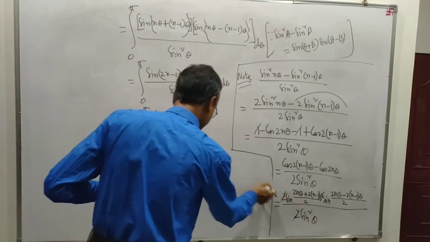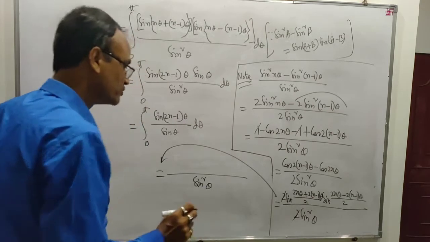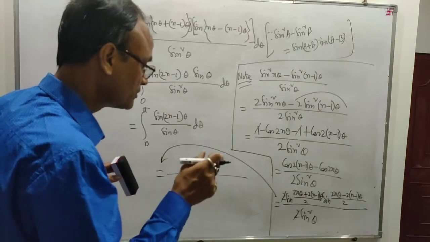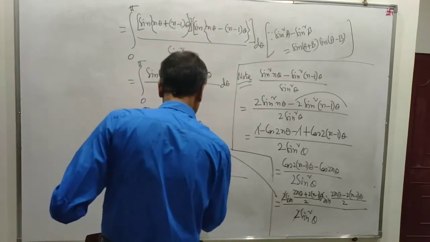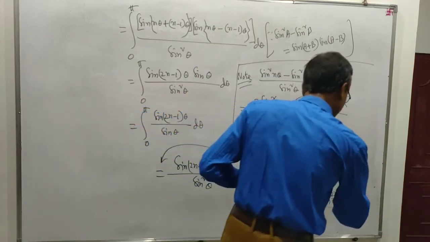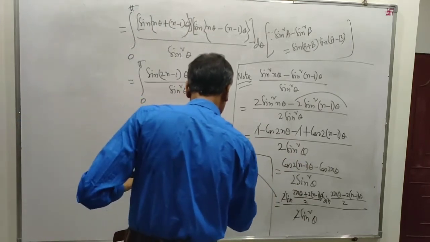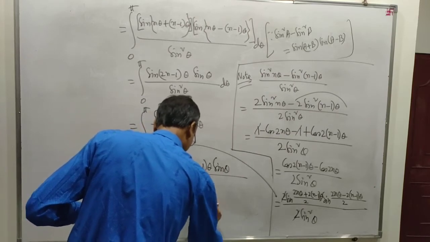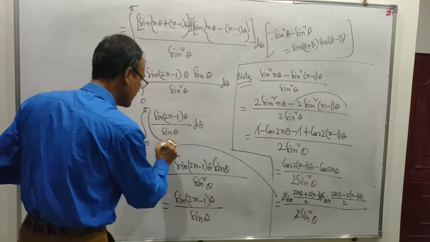In the denominator it will be sin square theta, because 2 and 2 cancel. 4n theta minus 2 theta, 2 will be also cancelled, twice n minus 1 theta, twice n minus 1 theta into twice theta cancel, twice theta divided by 2 sin theta. This is equal to twice n minus 1 theta divided by sin theta. Same result we have obtained.